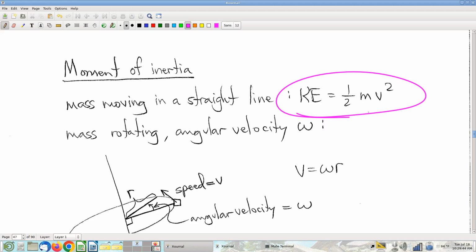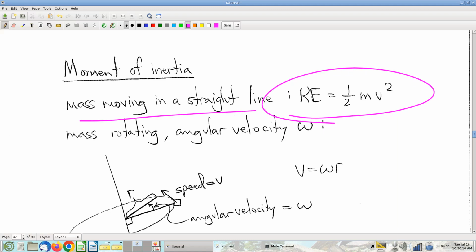It's conserved, which is kind of bad news because it means we can't just make it out of nothing, right? But one way to think of it is that it represents the amount of work that it takes to put something into its state of motion. All right. So again, this is the formula, but this is the formula for what we call linear kinetic energy, if your motion is in a straight line.